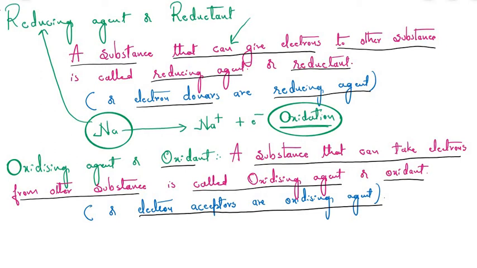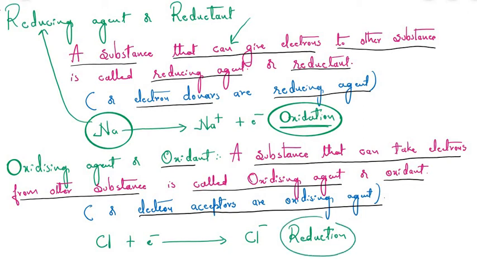We already know that chlorine is electronegative, so it has a tendency to take an electron and gets converted into Cl-. Now this process is called reduction. Is it clear, students? Because there is a gain of electron. The Cl atom is gaining an electron, so the process is called reduction. But the substance gaining the electron, Cl, is called the oxidizing agent.